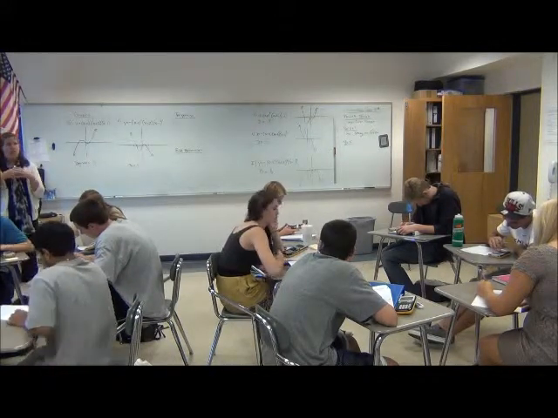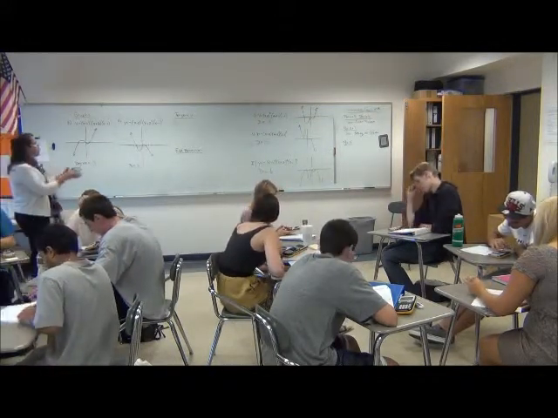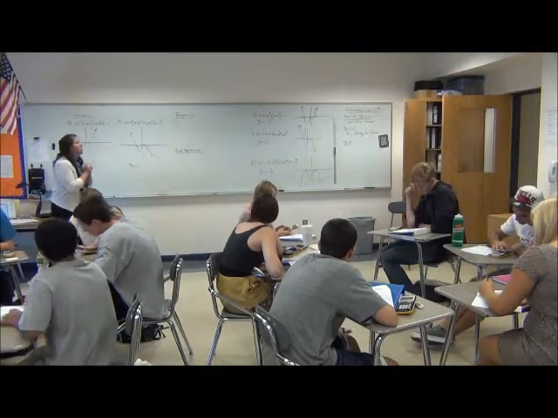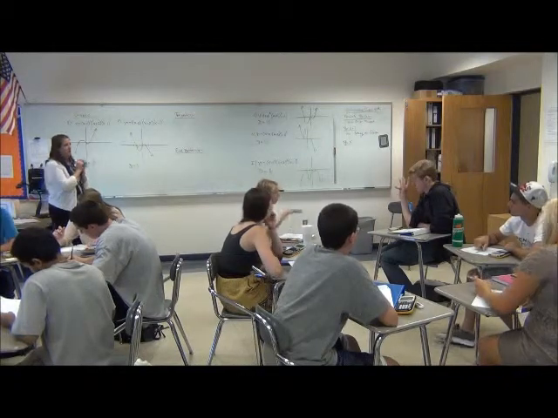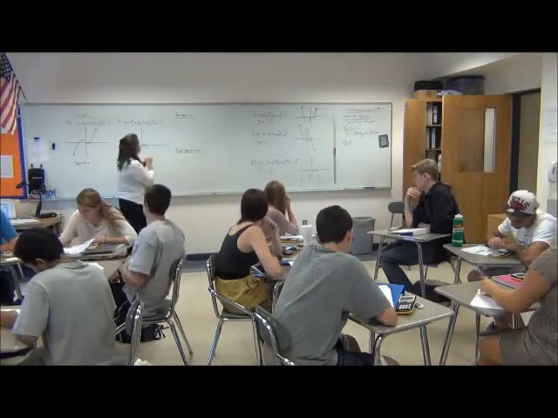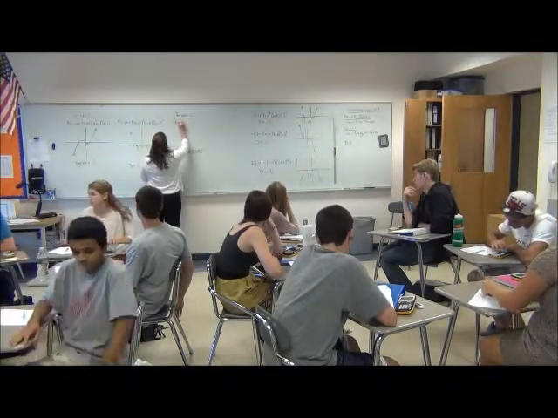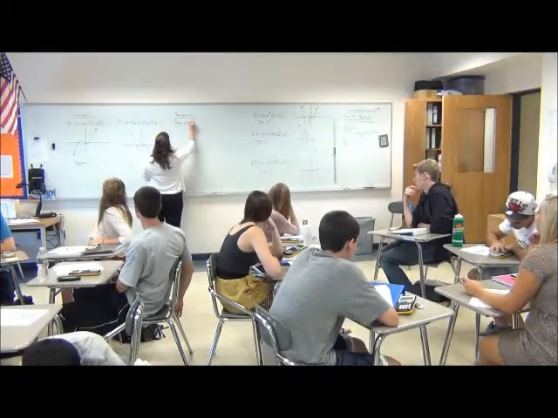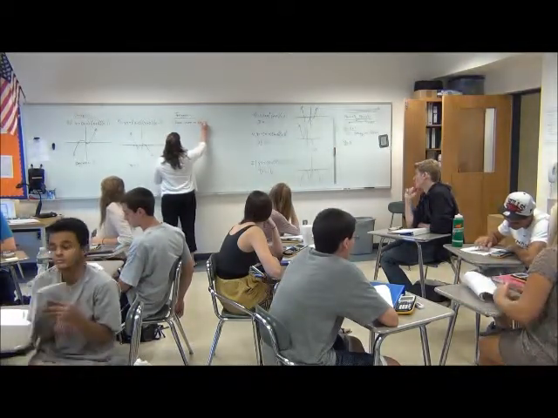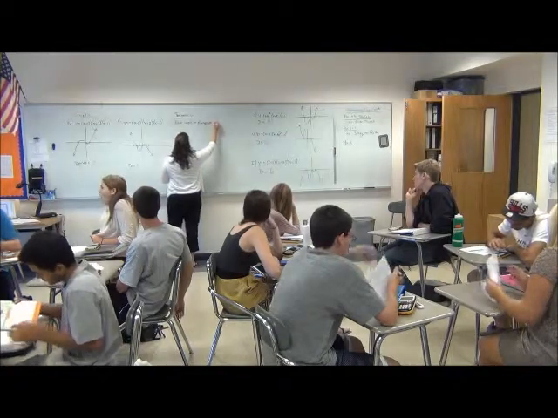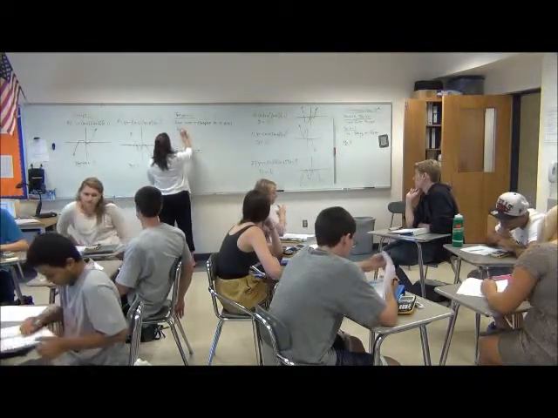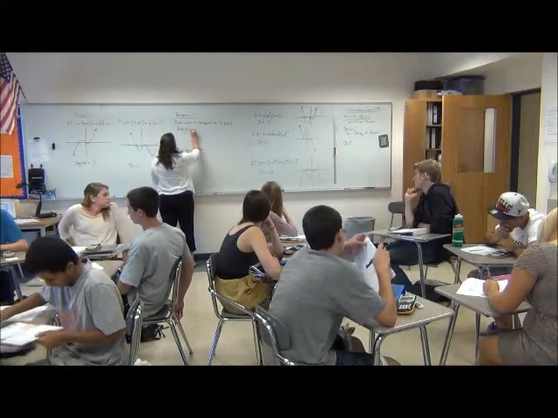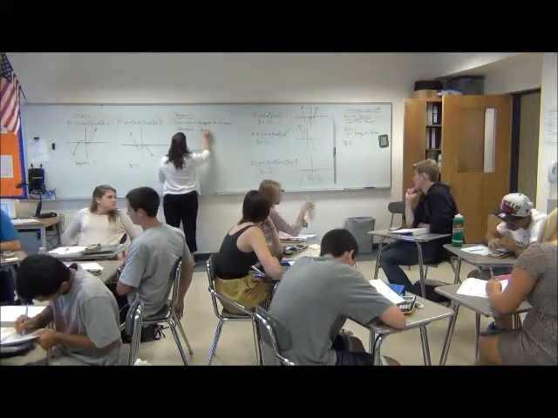Let's refocus for a second and just go through this together. So what kind of conjectures did you come up with for a tangency? Tangent to the x-axis, and if it's an odd root, it passes through.